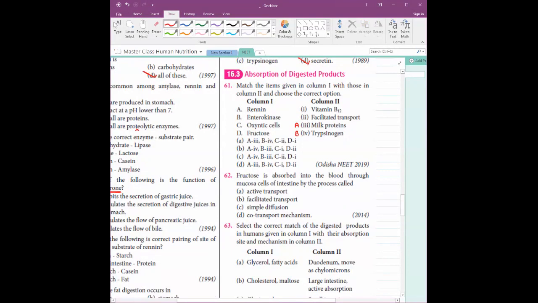Now, why vitamin B12? We've said your intrinsic factor and all, guys. And finally, fructose, it is going to be facilitated transport. Keep this thing in your mind.